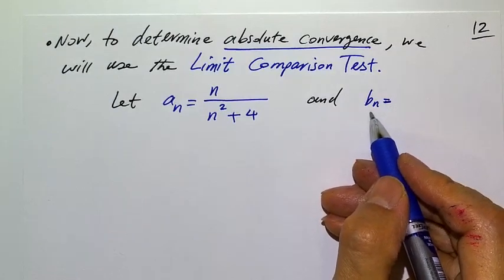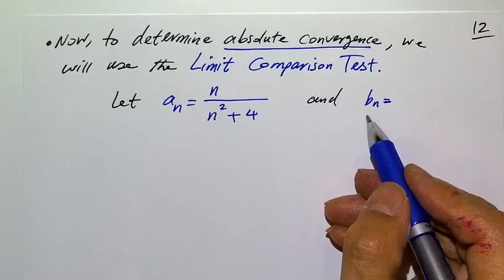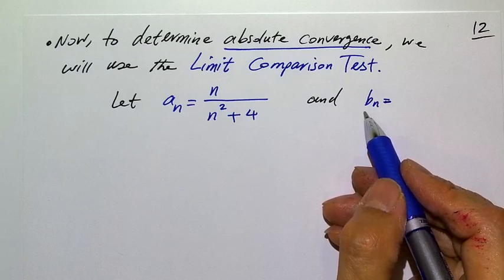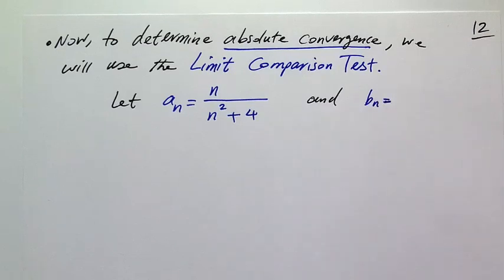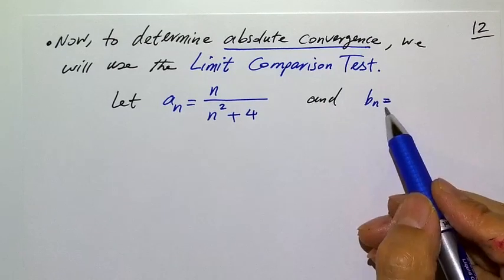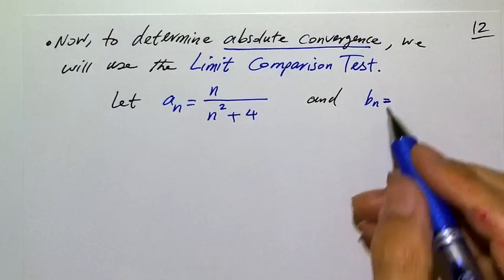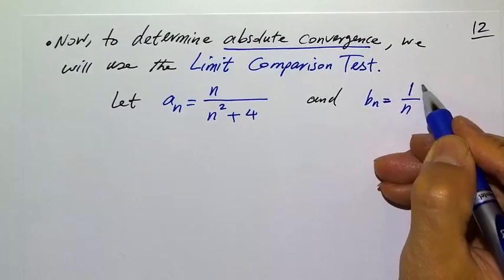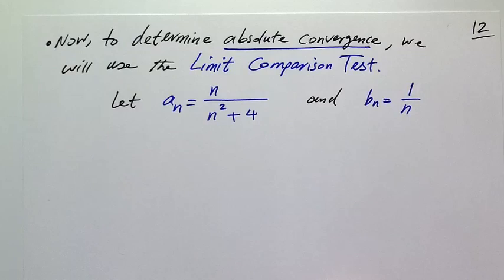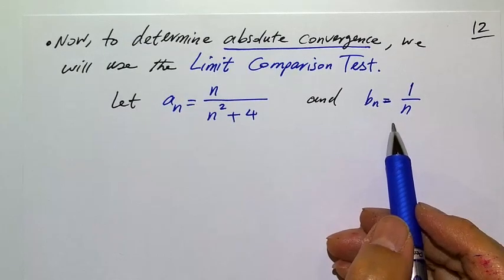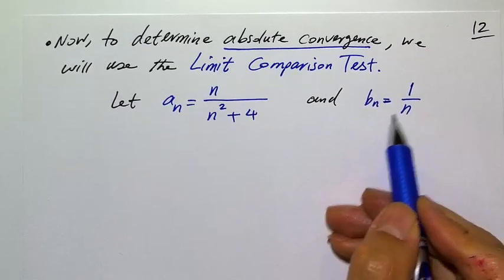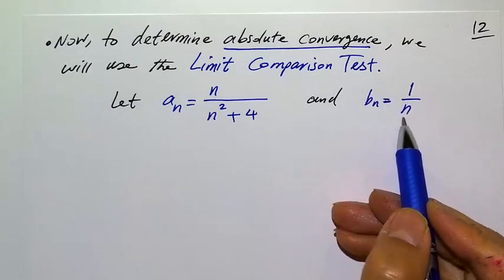We can pick any series whose behavior, whether it diverges or converges, is known to us. So let me take that. This will be the harmonic series basically, which we know diverges, right?